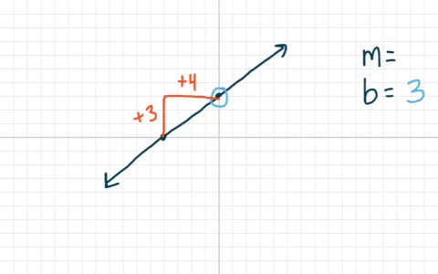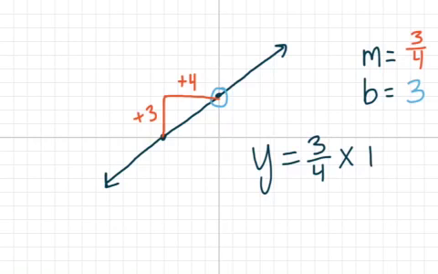So since slope is rise over run, my slope is 3/4. So now that I have those two pieces of information, I can just plug them into my equation. Y equals 3/4x plus 3. The 3/4 is where the m goes, my slope. The 3 is where my b goes, my y-intercept.